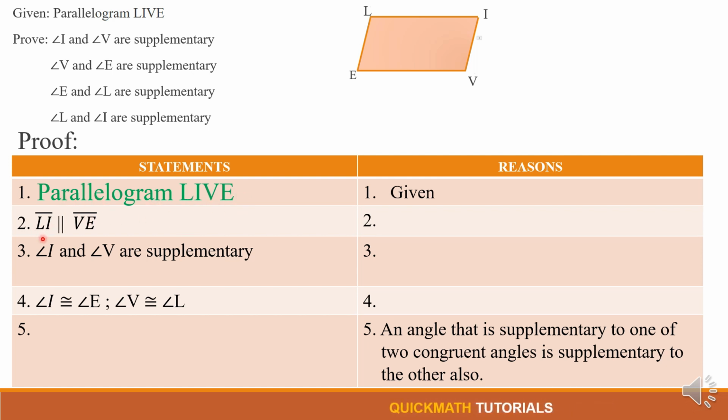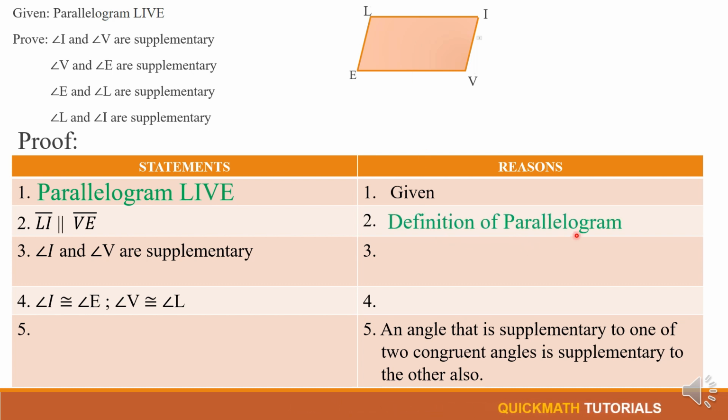For number 2, we have line segment LI is parallel to line segment VE. And the reason is that two opposite sides are parallel. This is from the definition of a parallelogram. For number 3, angle I and angle V are supplementary.